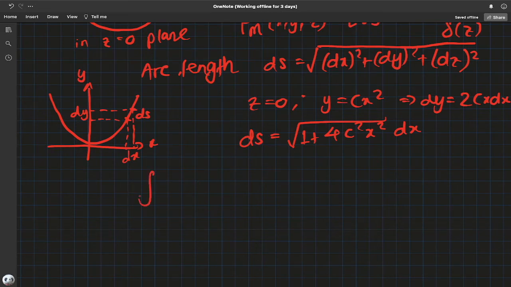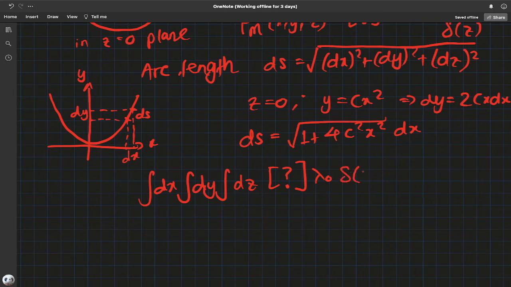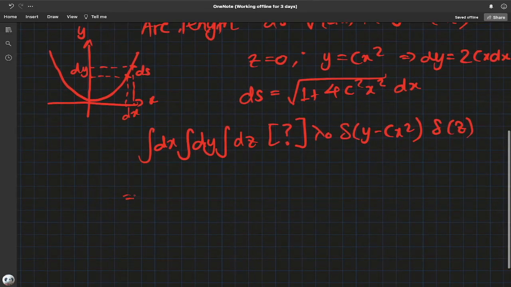So our volume integral is just this, which becomes dx times the square root of 1 plus 4c squared x squared.